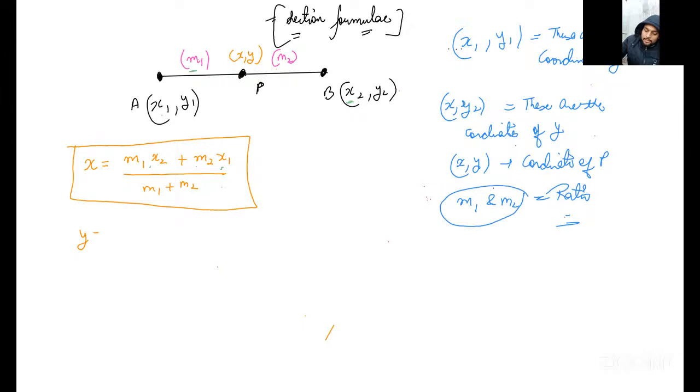Again, m1 y2 plus m2 y1 upon m1 plus m2. Understood? Yes or no?